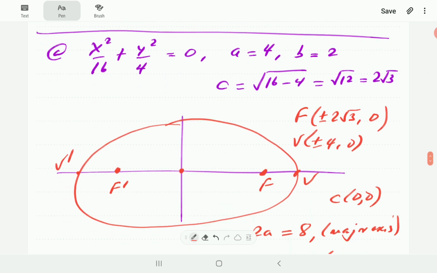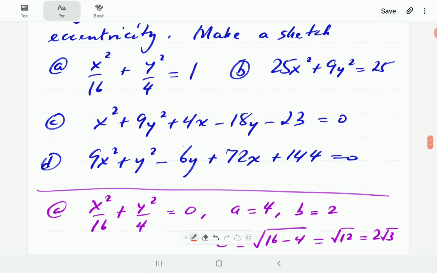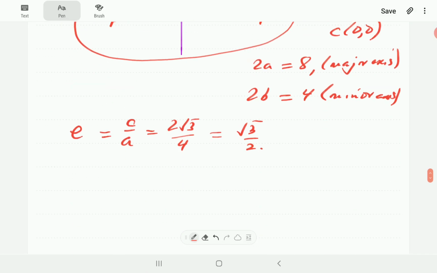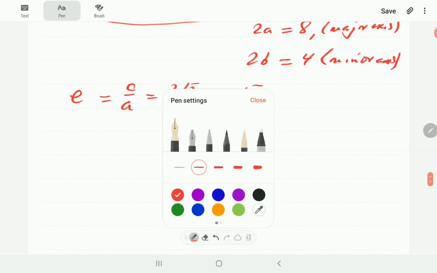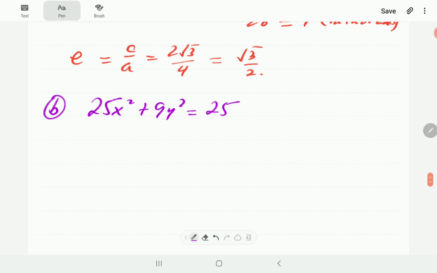In b we have got 25x squared plus 9y squared is equal to 25.